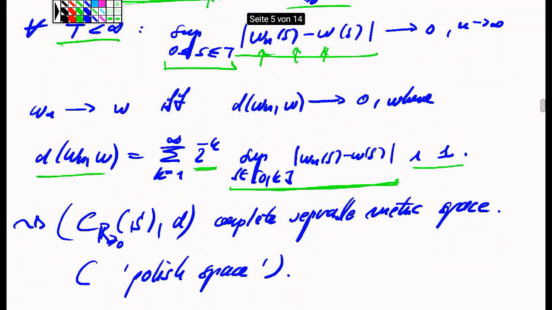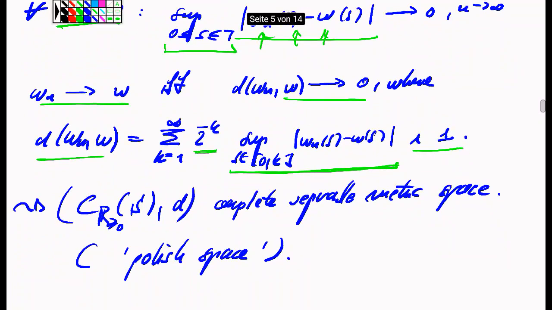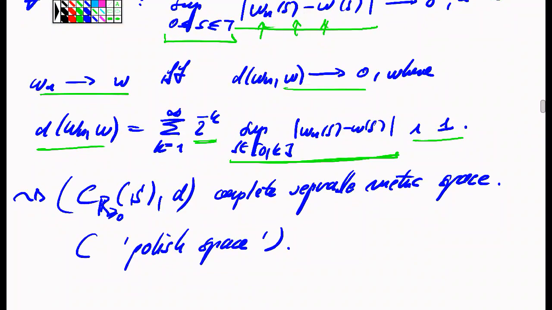And it's a simple exercise to show that we have convergence of omega_n to omega if and only if this metric between the two is a convergent sequence.